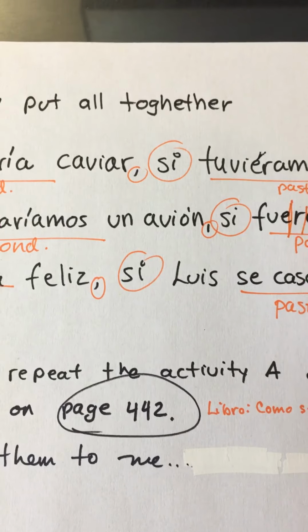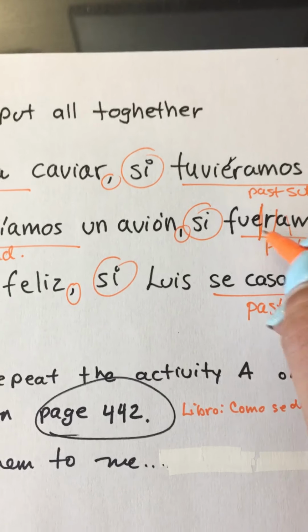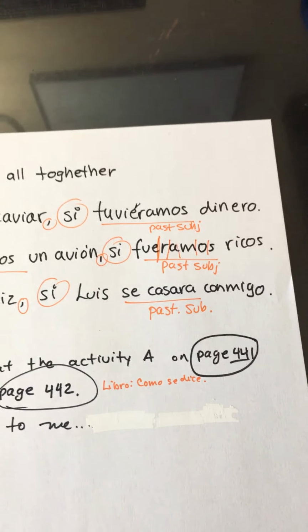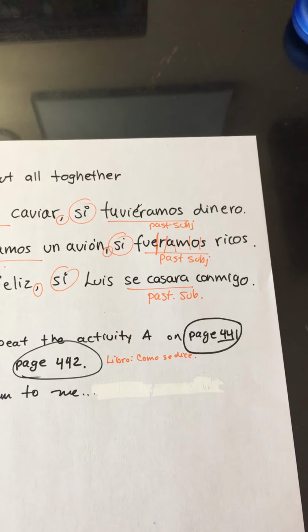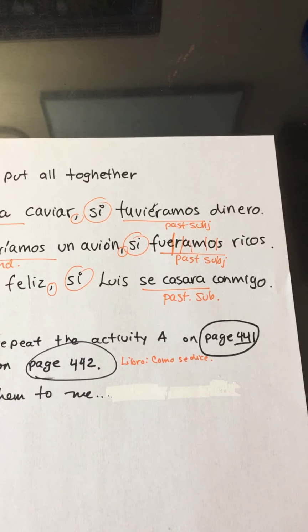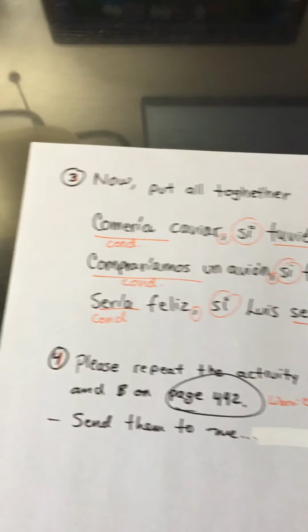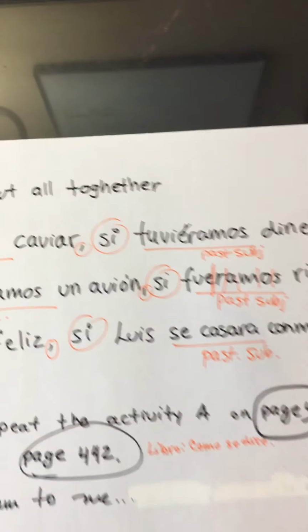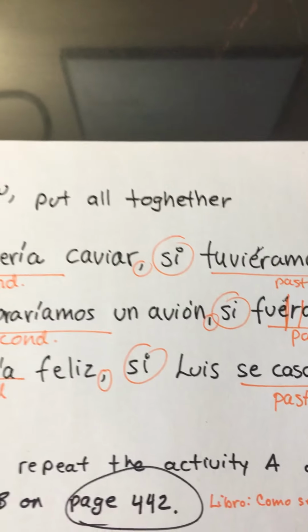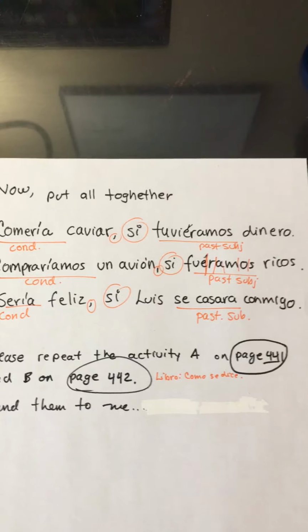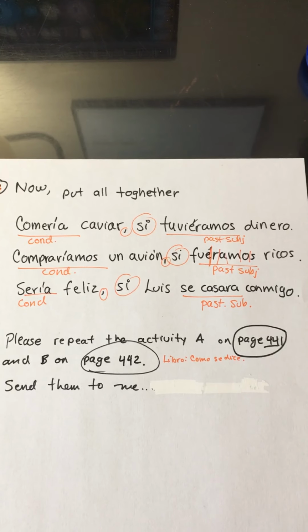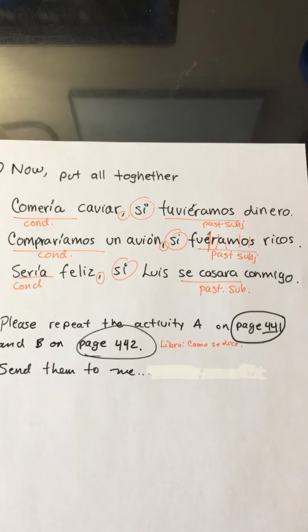And the éramos part is the past subjunctive ending. Fuéramos. And what we said about the accent. Con el acento. Si fuéramos ricos. ¿Sí?